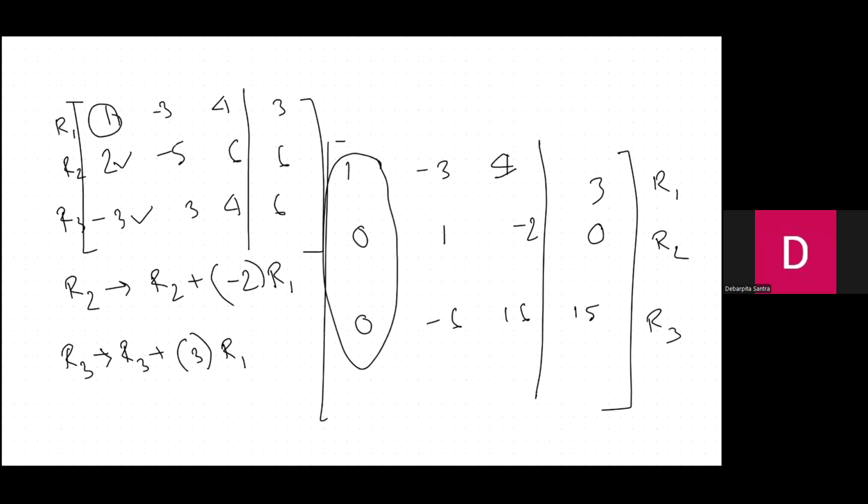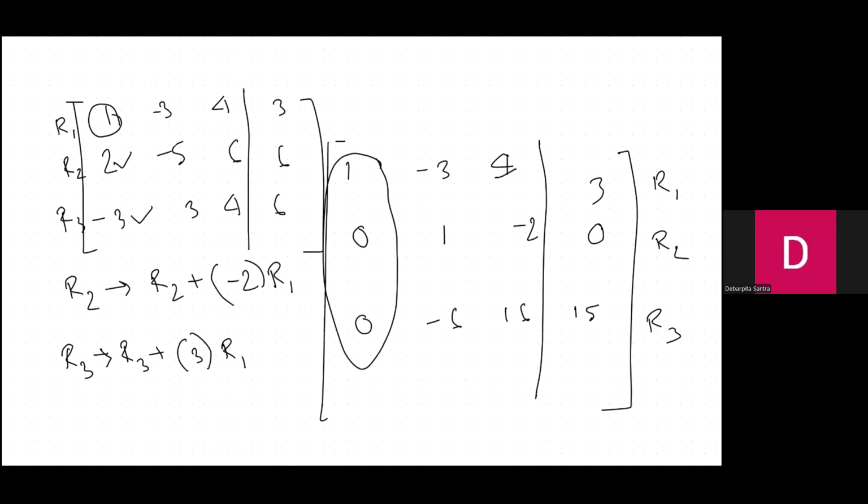So we have obtained our desired column. The first value will be 1, and the values below the 1 will be 0. So all the values are 0 now.